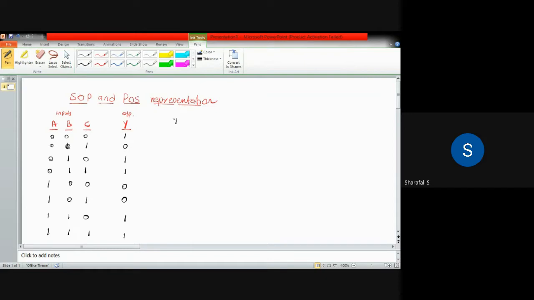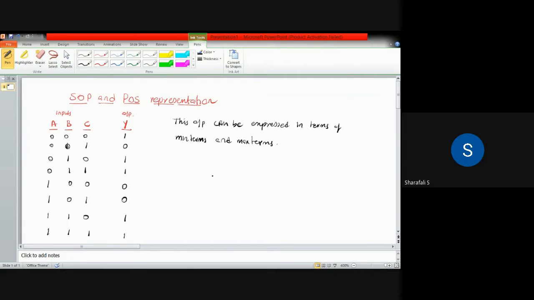The same output can be expressed in terms of min terms and max terms. So how we can represent this in terms of min terms and max terms? That we will be discussing.